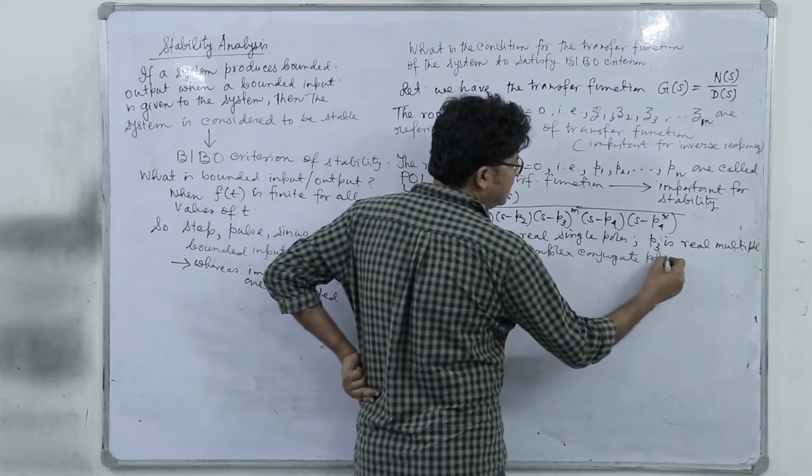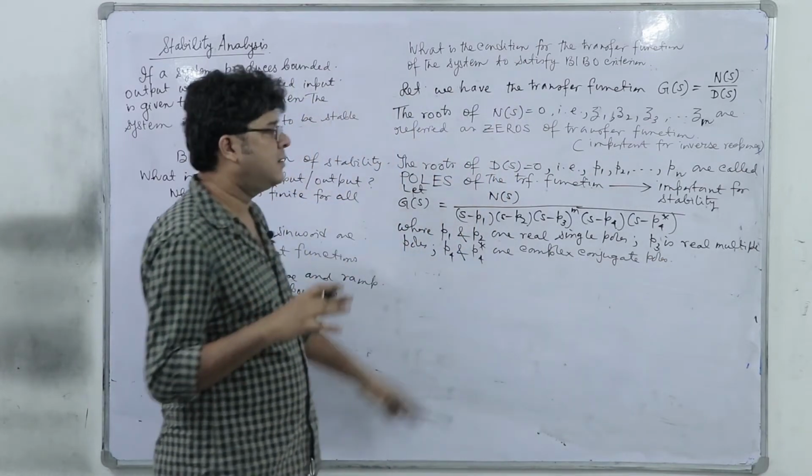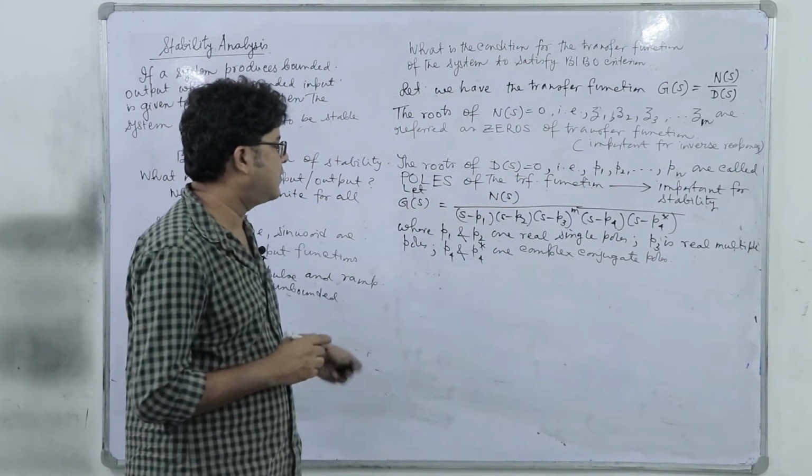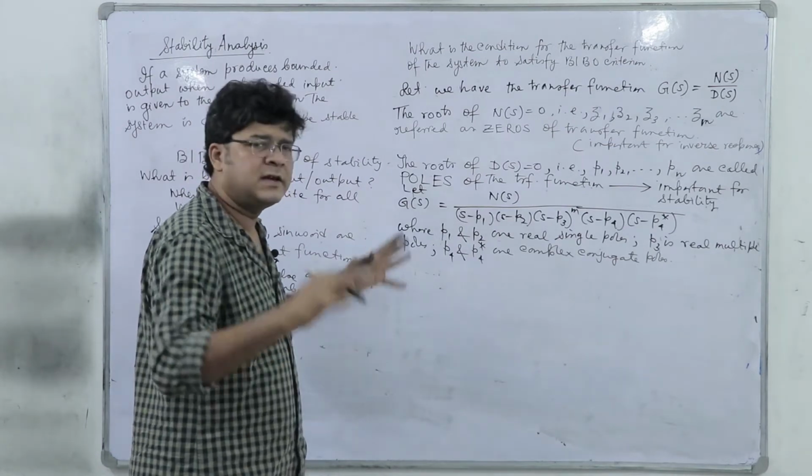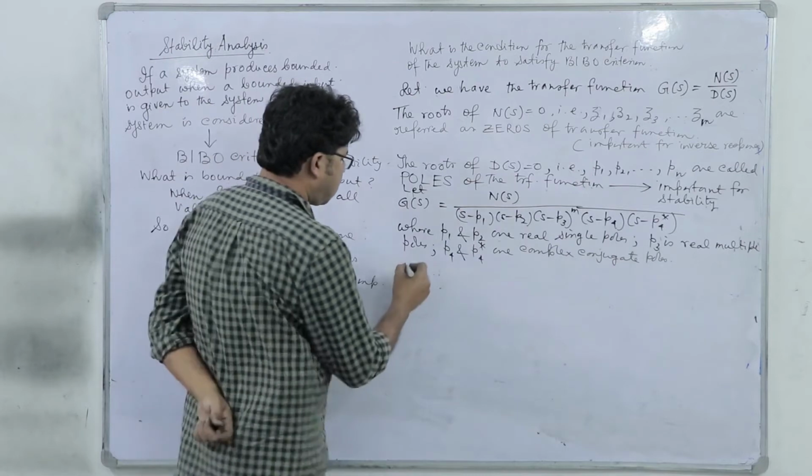So, we have considered different types of poles to be existing in the transfer function, all the different types.